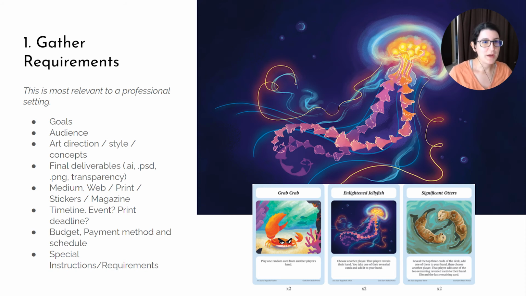So in that case, you may have to prioritize that type of work above other stuff. What's the budget? How are you going to negotiate payment schedule and everything like this? And any special requirements. So in this case, the client had special requirements in terms of how the artwork was created so that it can appear within these cards for this card game.